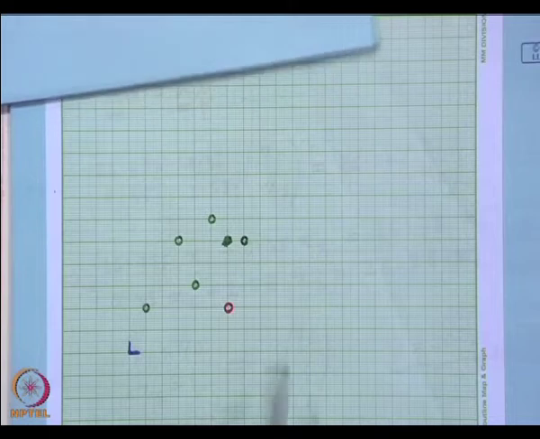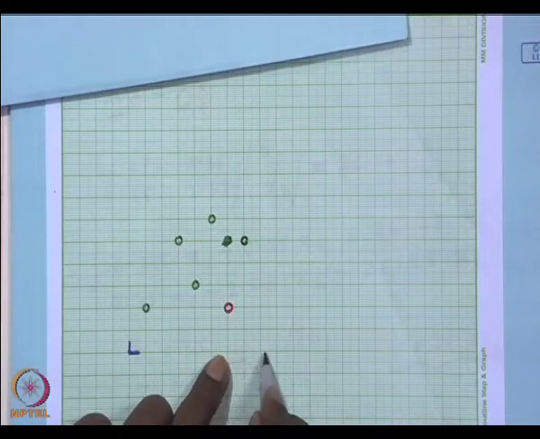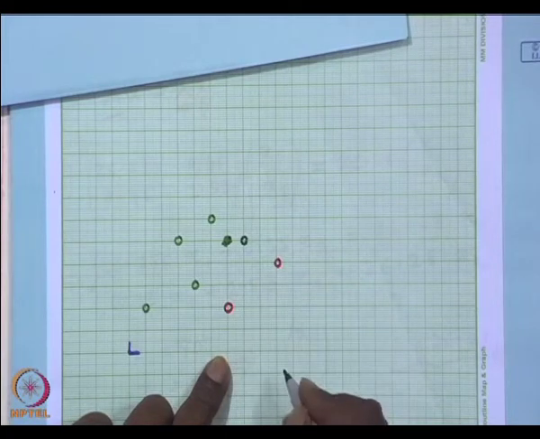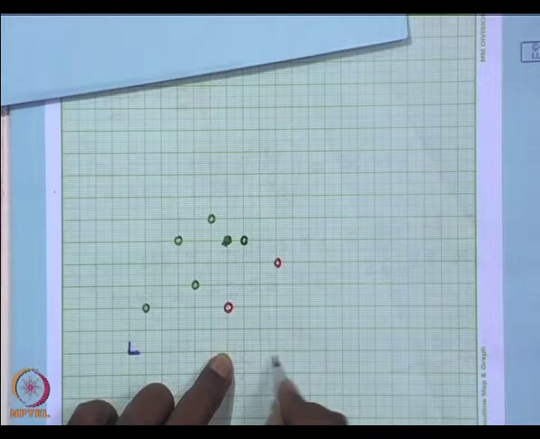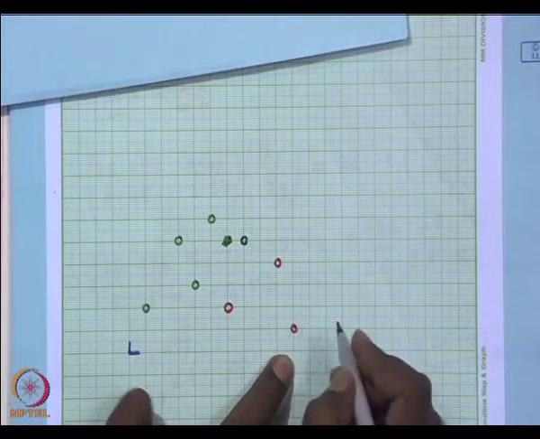So, 6 2 that comes over here, then we have 9 4, 7 8 9 4. This is another feature vector belonging to class omega 2. Then we have 10 1, this is another feature vector belonging to class omega 2.